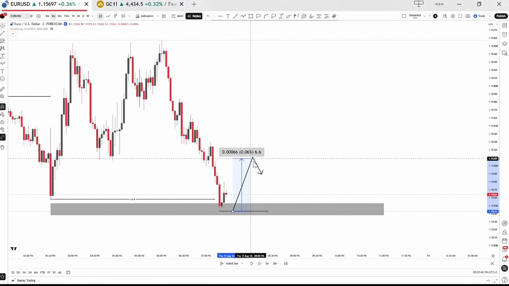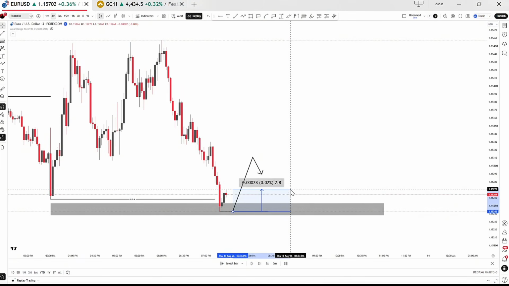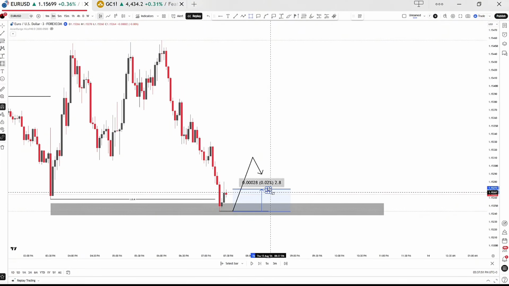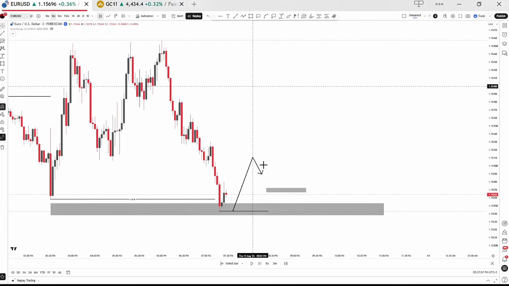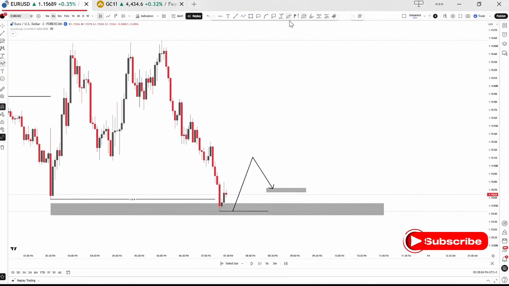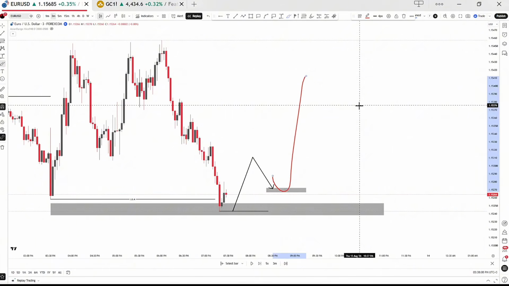You move your price range tool until you see a 2. Where the 2 falls is your sniper entry. In this case, it falls somewhere here. This is an illustration. So the answer that the price range tool gives you is going to be your sniper entry to continue with the trend.